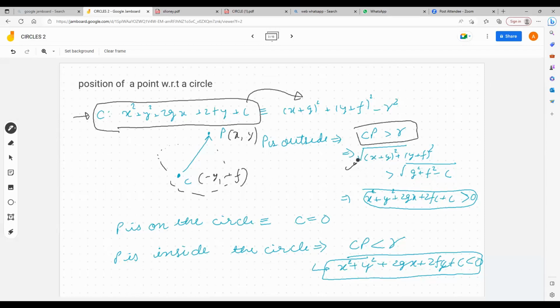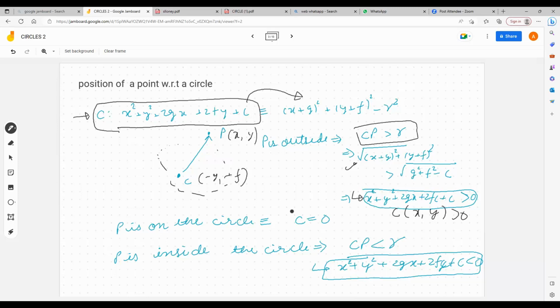So we get the square root of (x plus g) whole square plus (y plus f) whole square is greater than the square root of g square plus f square minus c. If we square it and solve, the g square and f square terms get cancelled out, and we get c on this side. So the condition is the same as putting (x, y) in C and making it greater than 0.